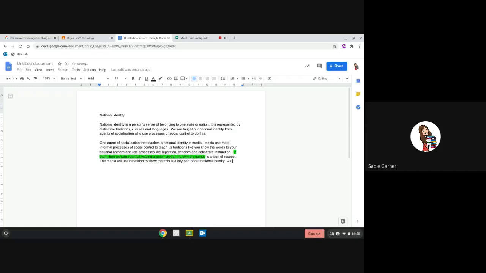As part of our national identity, we must learn the words to our national anthem and sing them.